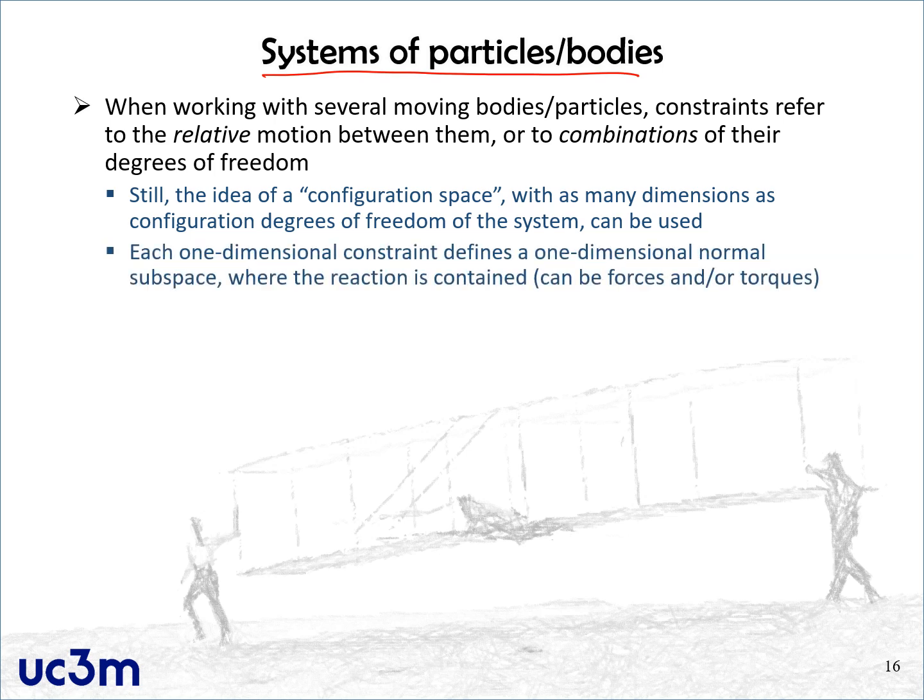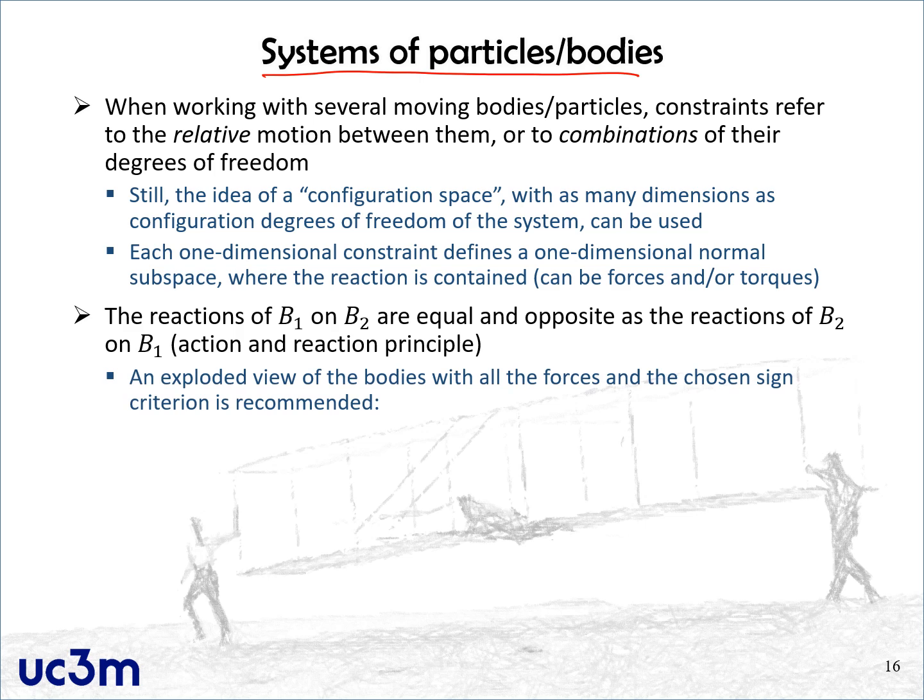Now, each one-dimensional constraint that you have on your system, which may link together not just coordinates of each individual body, but coordinates of several bodies and several particles at the same time, can be regarded as a one-dimensional manifold, a one-dimensional constraint on this high-dimensional configuration space. The constraint reaction will be a generalized vector perpendicular to this object. In general, it will be a combination of forces and torques on all these particles and bodies of your system.